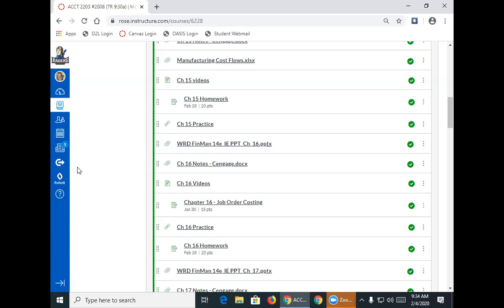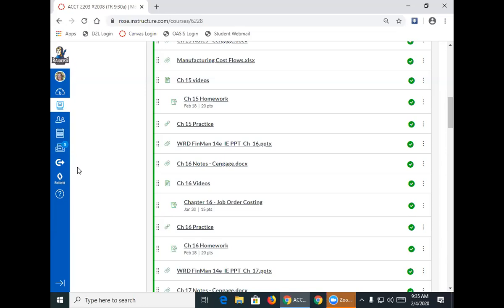And then we were able to apply overhead to each job within work in process. That got debited to work in process and credited to factory overhead. And then at the end of the month, we would need to figure out if we over or under applied overhead. Too many overs in there, right? So that's where we were going in this chapter.